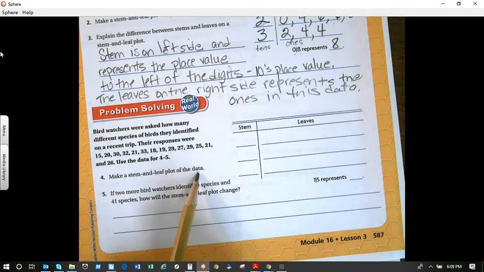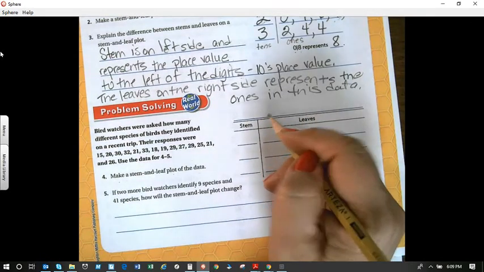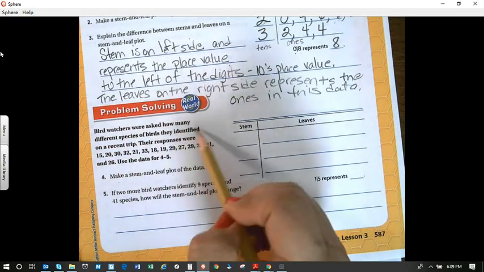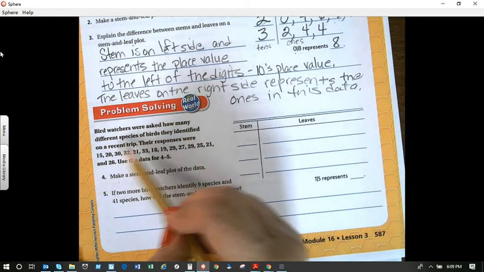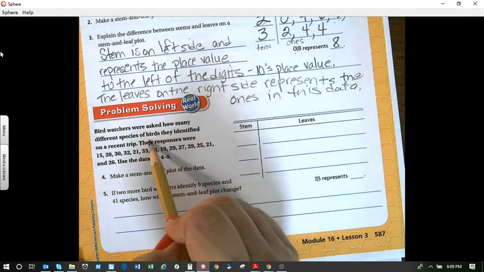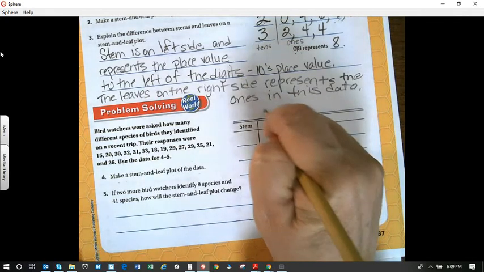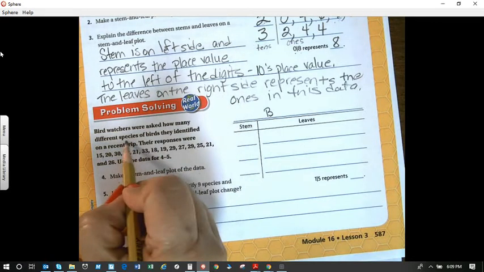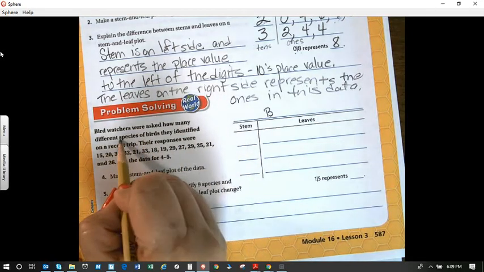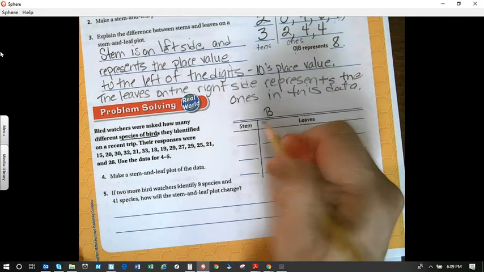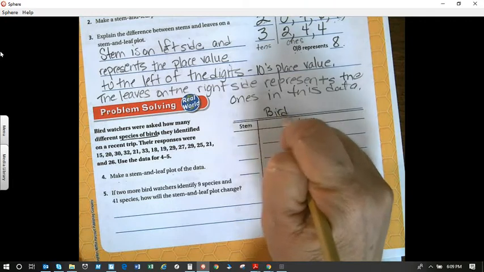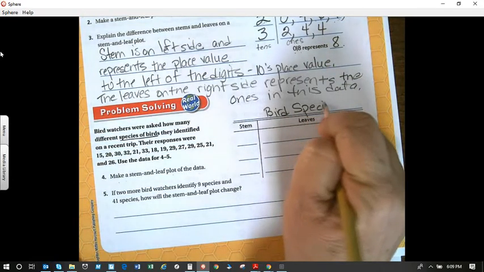So what are we going to name this one? Instead of writing species of birds, we can just put bird species. Keeping it simple.